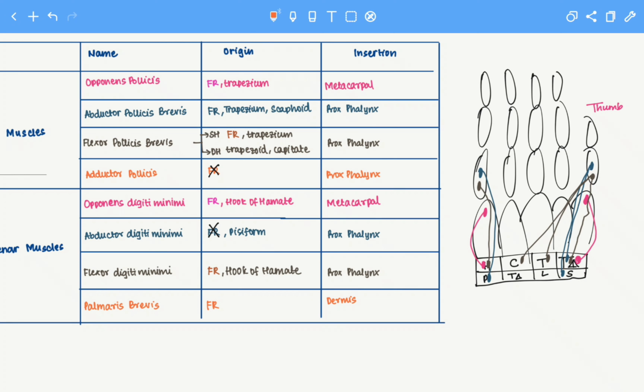Now the adductor pollicis. The adductor pollicis also has two heads. It has a transverse head and an oblique head.